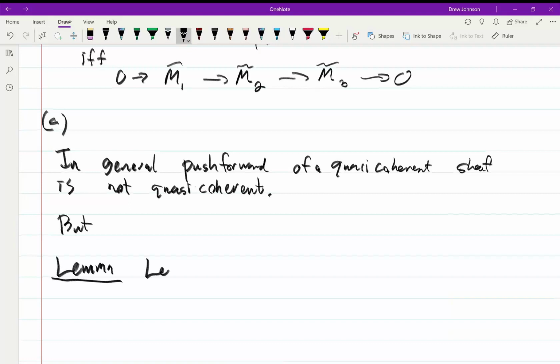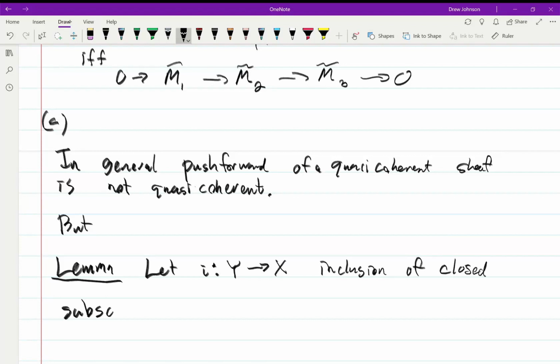Let i from Y to X be an inclusion of a closed subscheme.